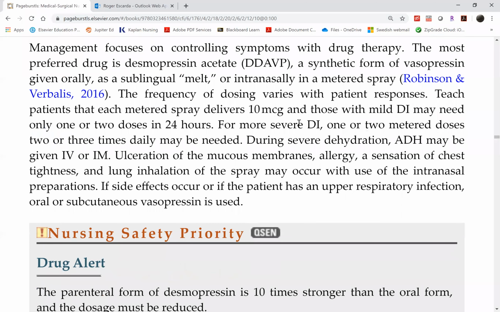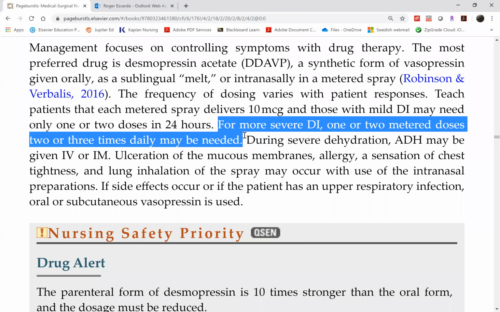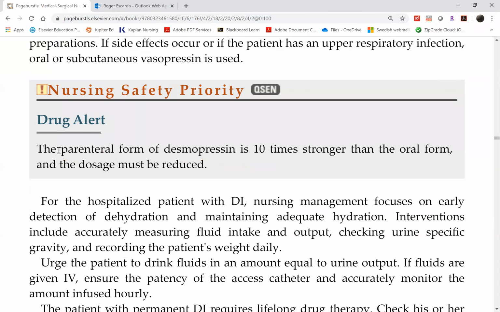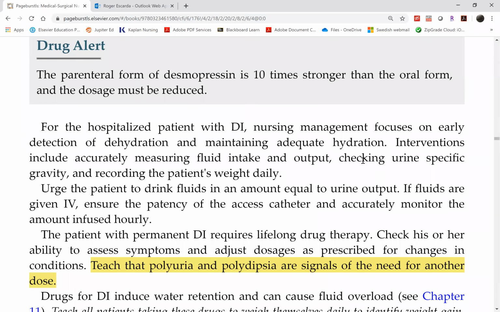So here are the recommended doses. At home, they can take 2 to 3 doses daily of the spray. And here's the warning. In the hospital, the IV form is 10 times more potent, or stronger, than the PO or the nasal.